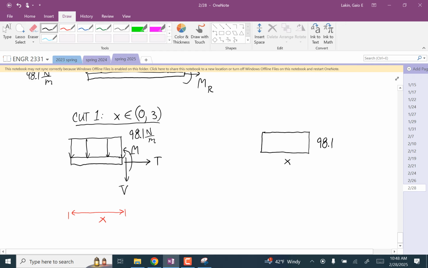The x position of the centroid of this rectangle is right in the middle. So we know that this length is x over 2. And the area of this rectangle is just the height times the width. So 98.1 times x, or 98.1x.